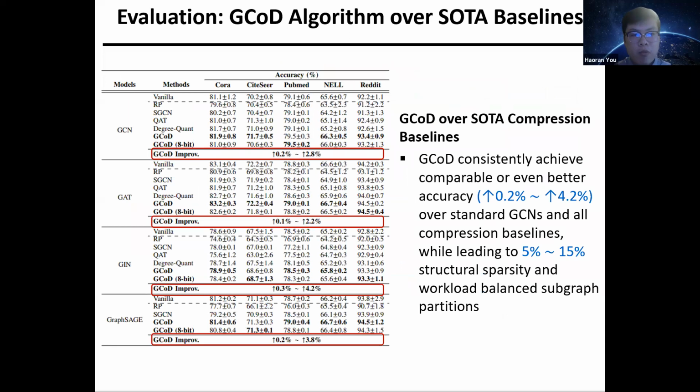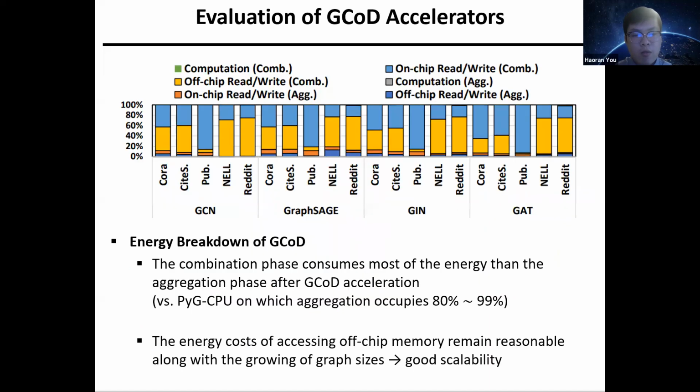In addition, we perform evaluation of our GCoD algorithm. We see that the GCoD algorithm can achieve such benefits without compromising the accuracy. In contrast, the accuracy is even boosted. And we also provide the breakdown analysis of the GCoD accelerator.